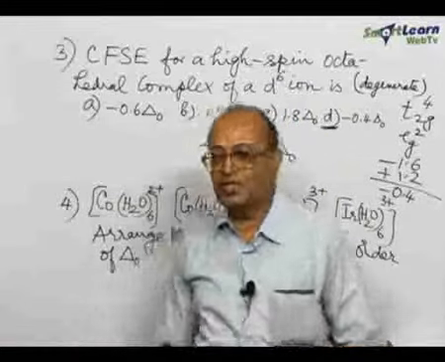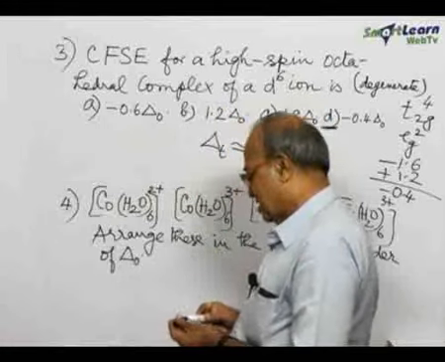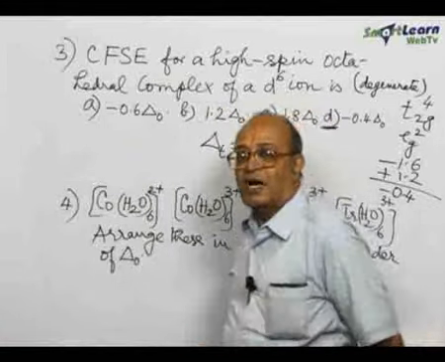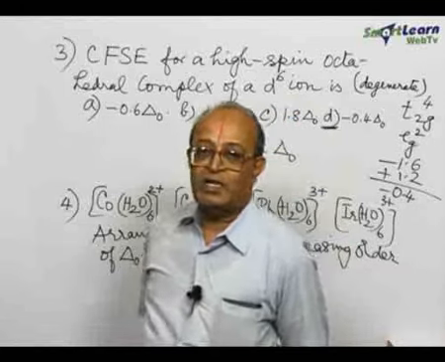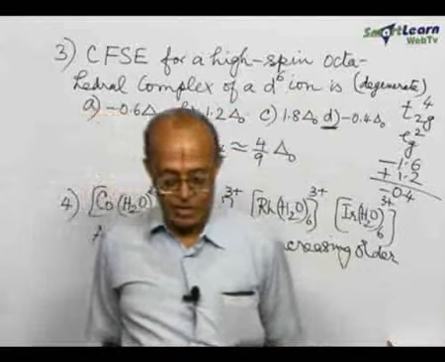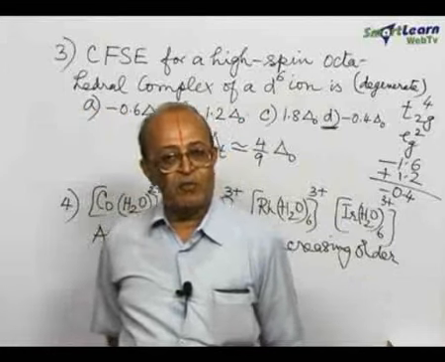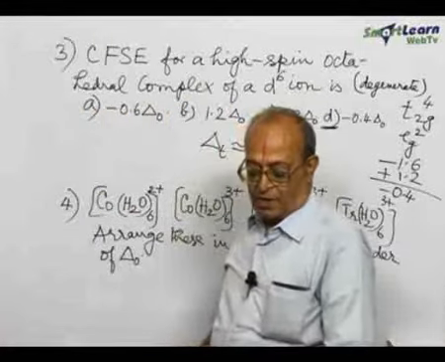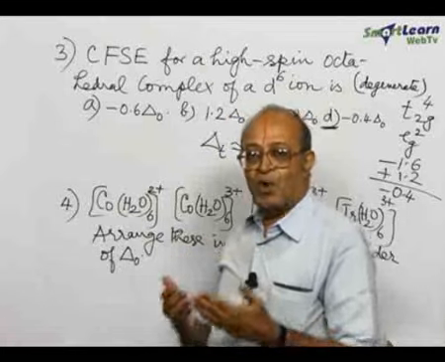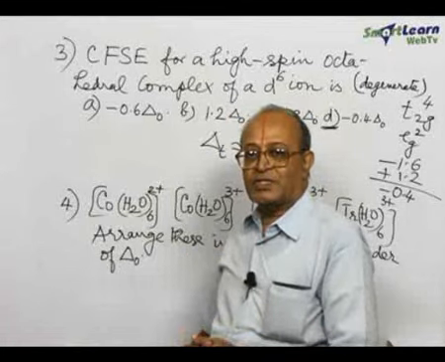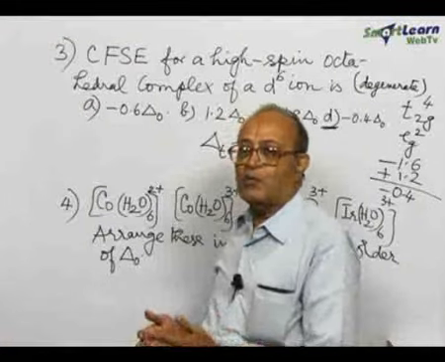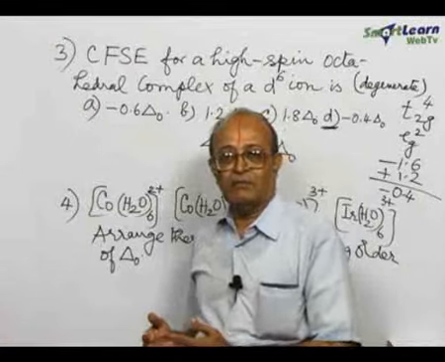Now the question is, arrange these in the increasing order of delta O. For these 4 complexes, you need not remember the delta O values, but you should remember in what way this delta O value will change from one complex to another.